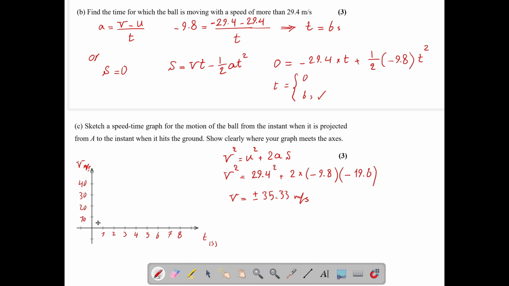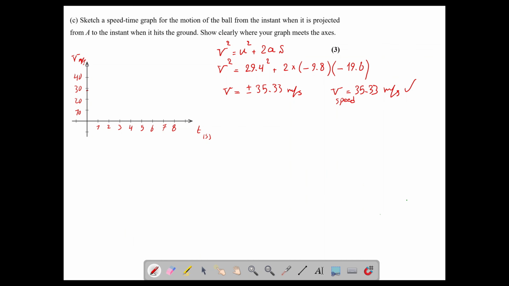But since it is speed time graph, our answer will be positive. We don't care about the sign because it is speed, it is not velocity. Okay. So velocity of 35.33 meters per second will be our answer. Sorry, speed.